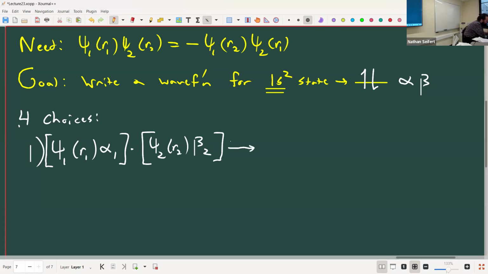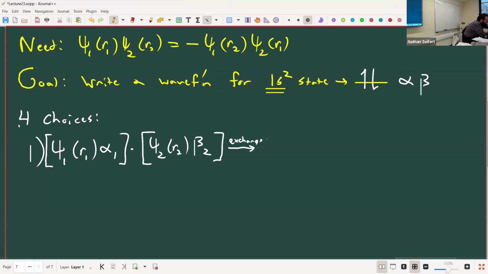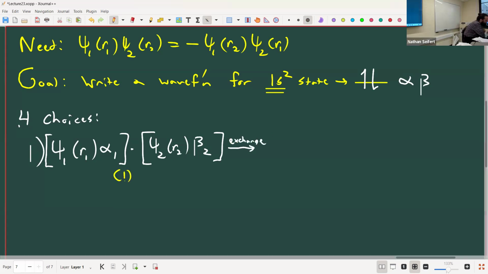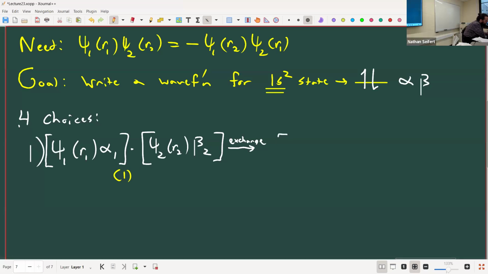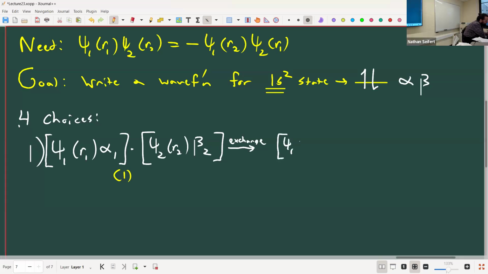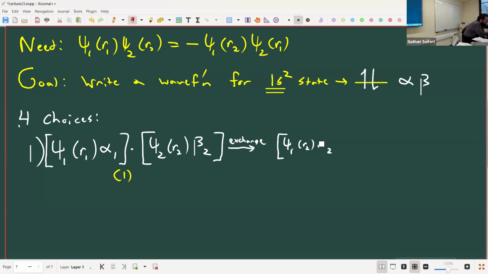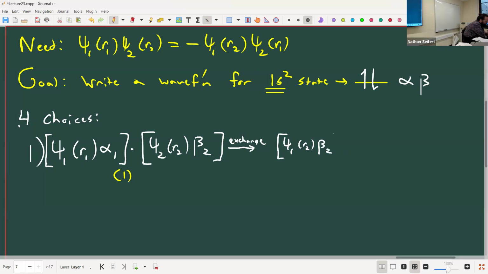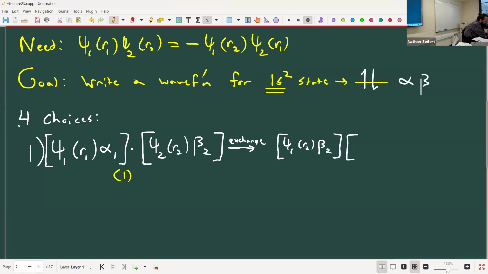So what happens when we exchange? We'll call this whole equation 1. When we exchange, we get psi1(R2). We're not spin flipping, so it's going to be beta 2, psi2(R1), alpha 1.